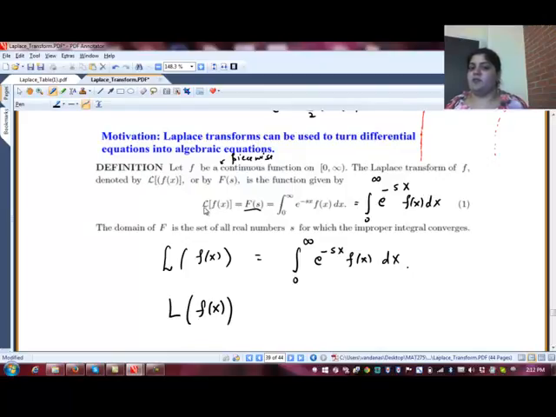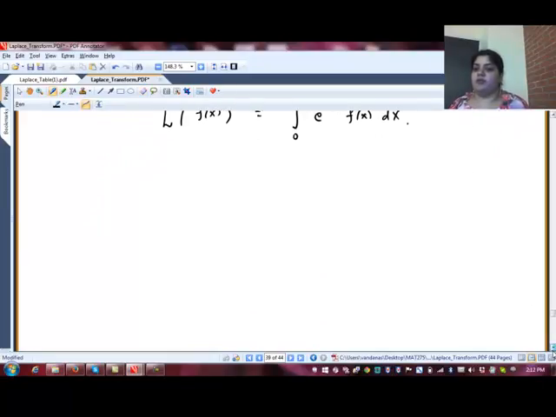For the Laplace transform, we will be using this symbol. Since it's an integration, the Laplace transform is also linear, and we will see that. That property is extremely helpful when we will be solving differential equations.